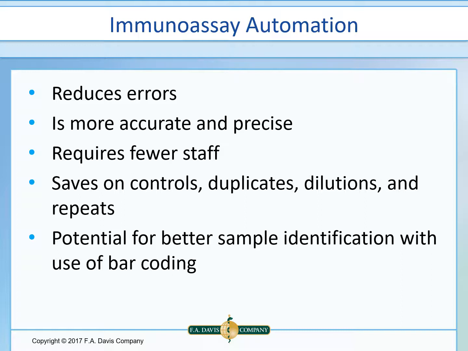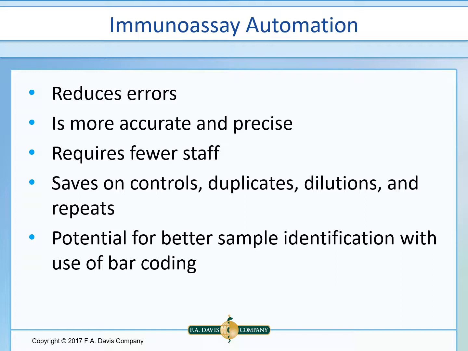Eliminating these multiple manual steps decreases the likelihood of error because the potential error caused by fatigue or erroneous sampling is reduced. Laboratory professionals are also trying to streamline test performance to reduce turnaround time and cost per test. Automation helps with this, and also in a lot of cases it's more accurate and precise compared with manual methods.